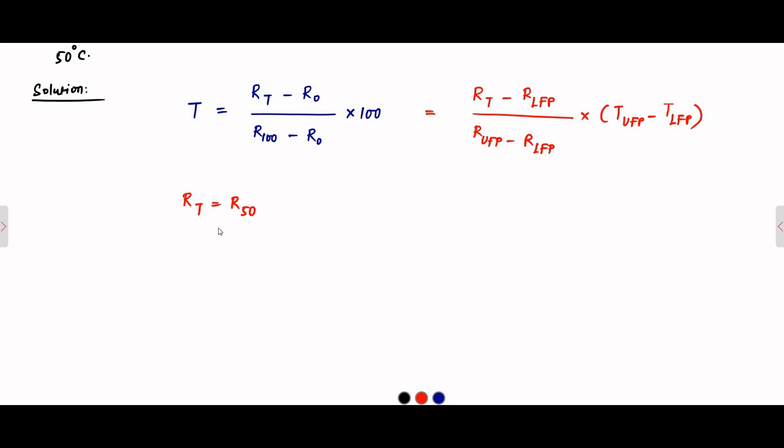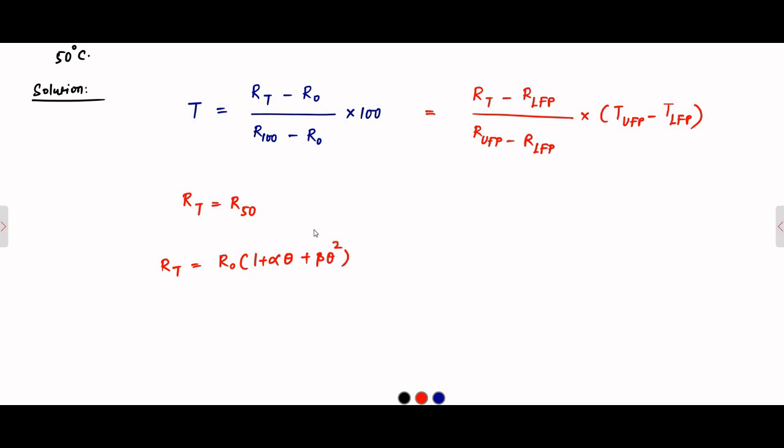We will substitute the values using the given information, where R_T is equal to R0 into 1 plus alpha theta plus beta theta square.